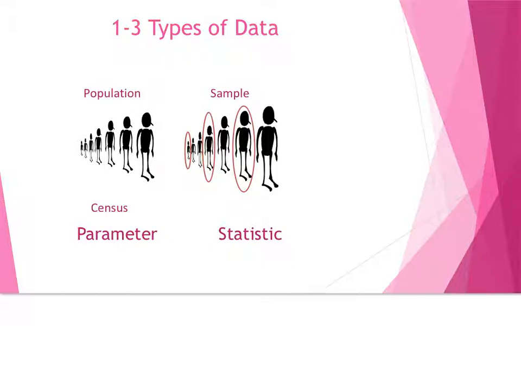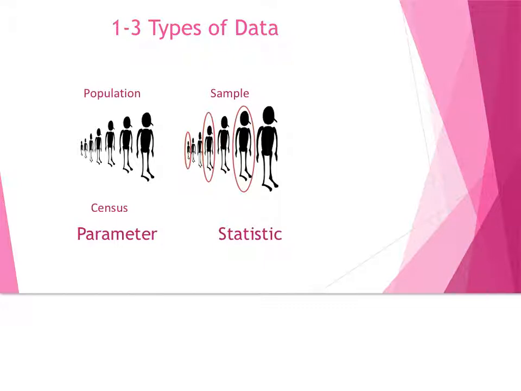Now, if the information that I collected was a number computed from a population, it is called a parameter. A number computed from a sample is called a statistic. For example, if that number that I computed was an average, if I found the average of a population, the parameter means it's dead on accurate.